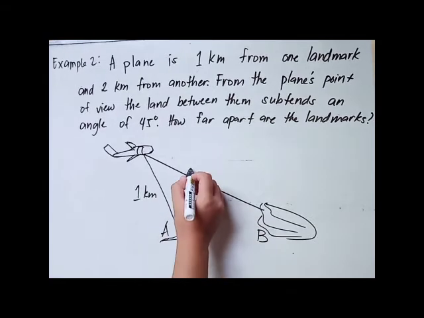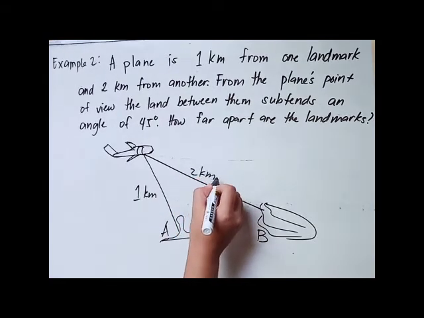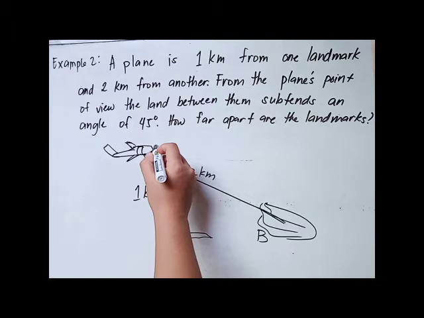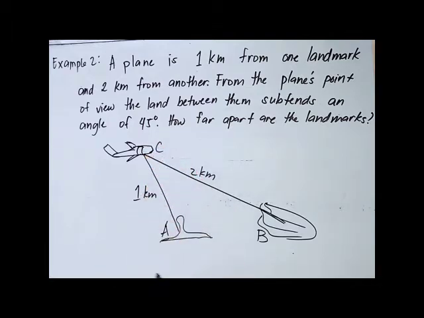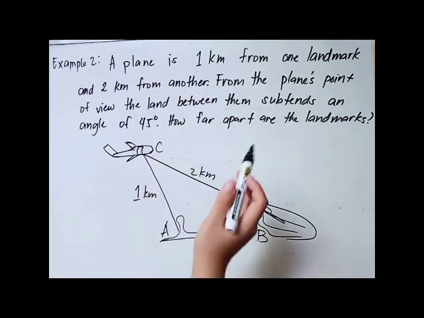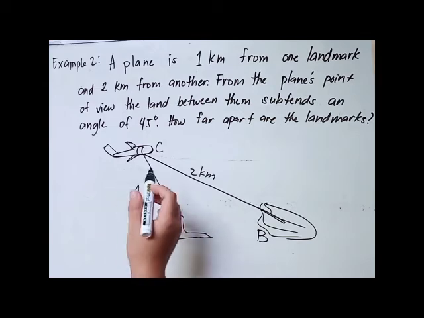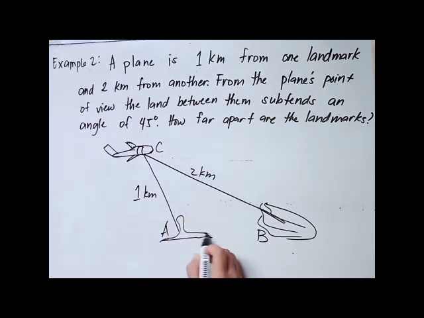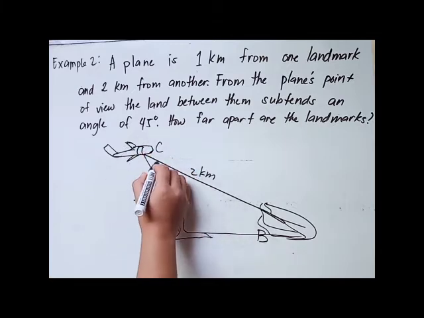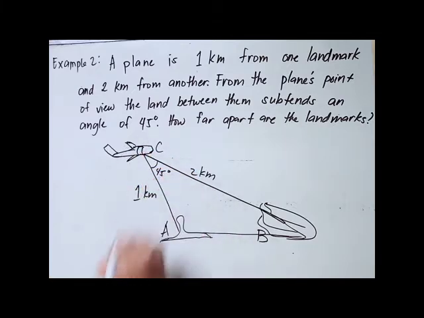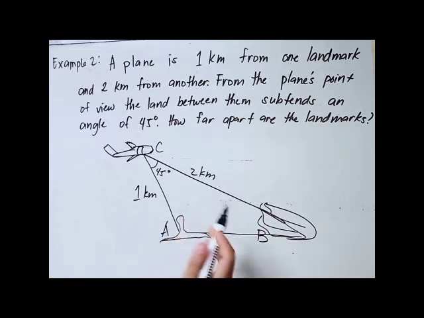So let's name the plane C. Say BC. From the plane's point of view, the land between them subtends an angle of 45 degrees.